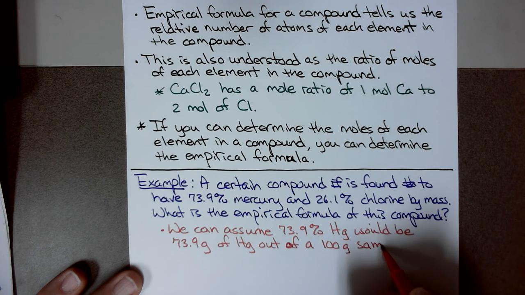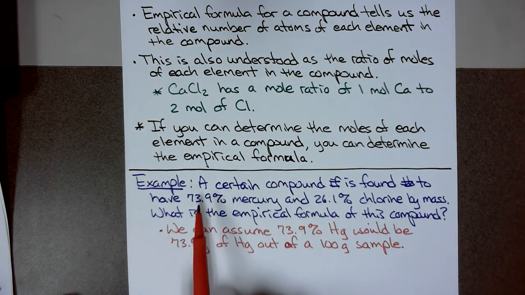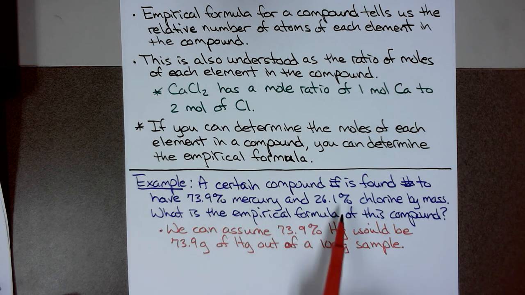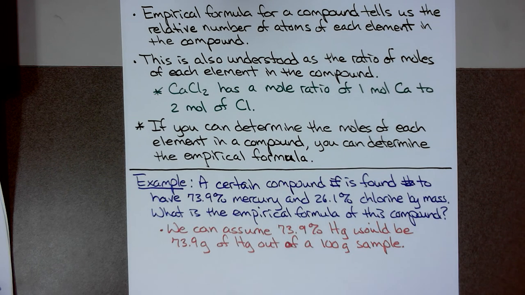So if we have percent composition of a compound, we can say that that is 73.9 grams of mercury and 26.1 grams of chlorine, because remember, this is by mass. So now we can take those masses and convert the mass to the mole.